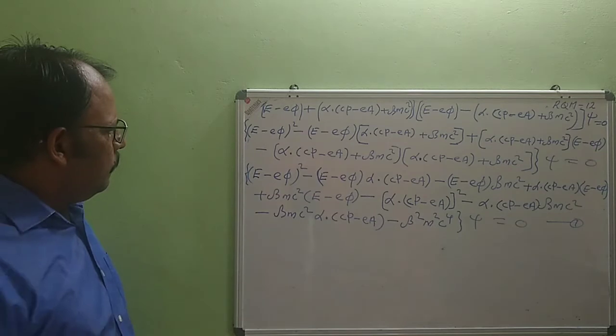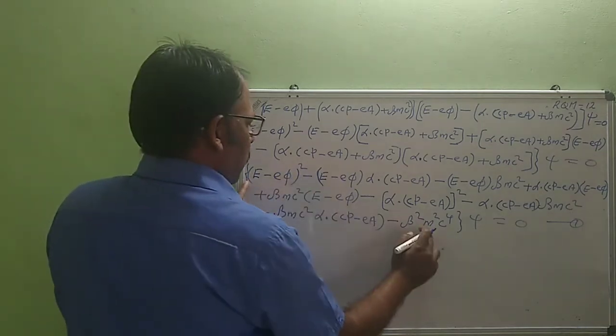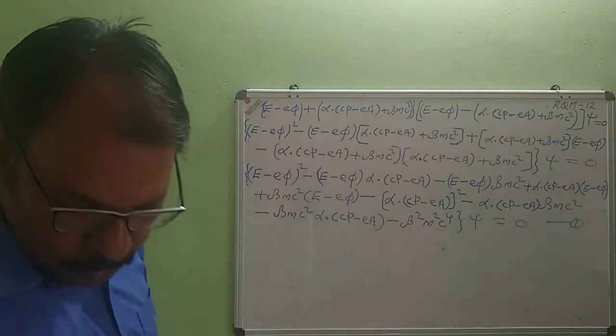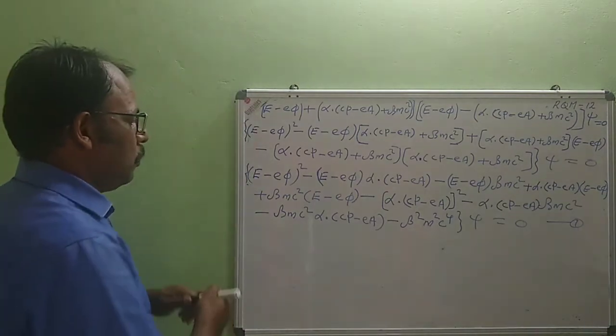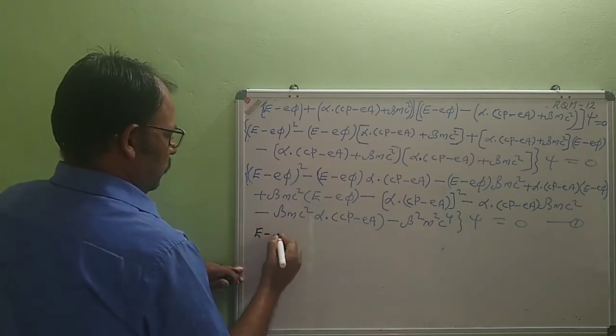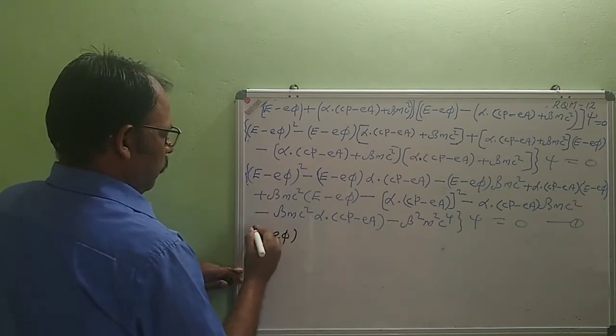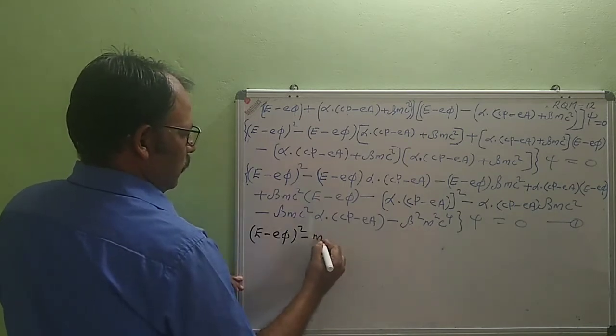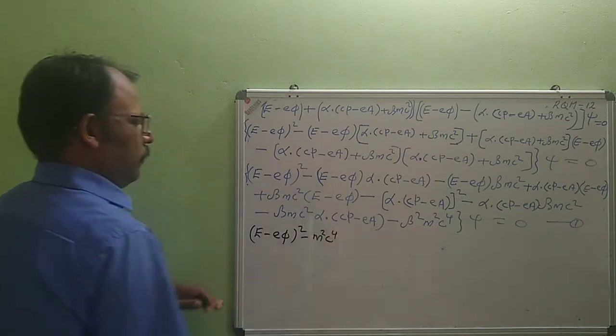Now this term beta square, we know beta square. What is beta square? Beta square is equal to 1. So we are writing (E minus E phi) the whole square, then minus m square c raised to 4.